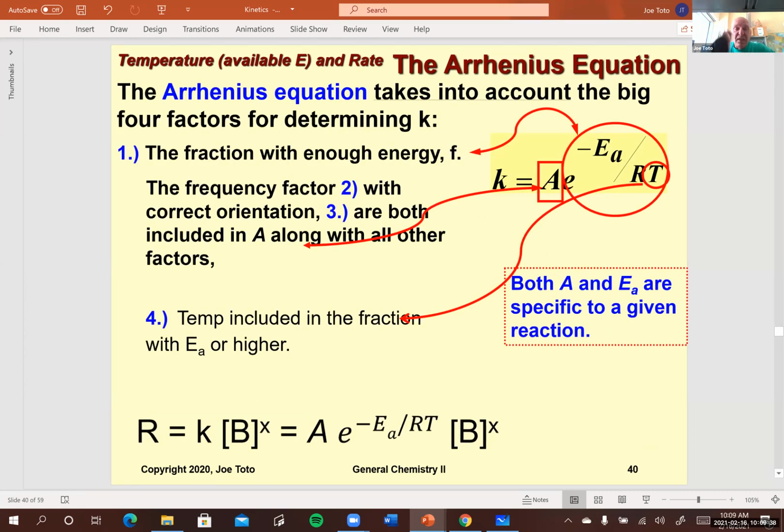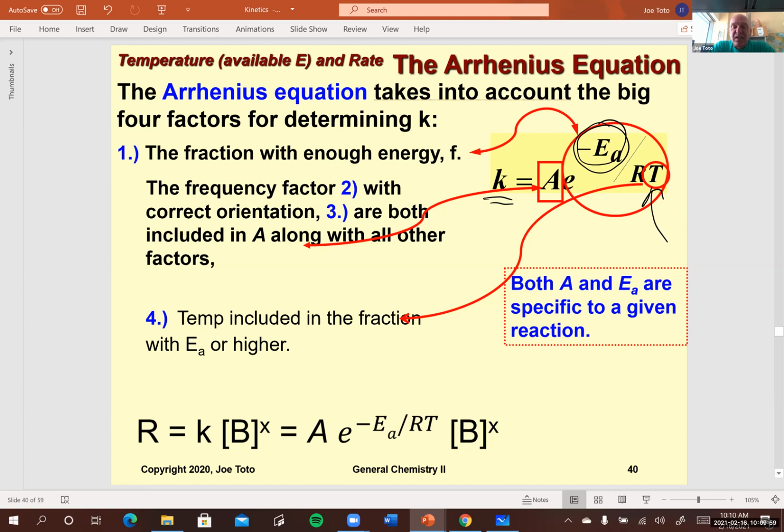But anyway, here's Arrhenius's new definition of k. It involves that Boltzmann distribution. So it takes account of changes in activation barrier, which is reaction dependent, and it also takes into account any changes of temperature.